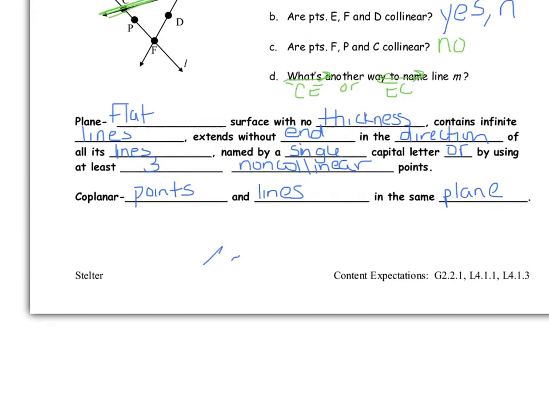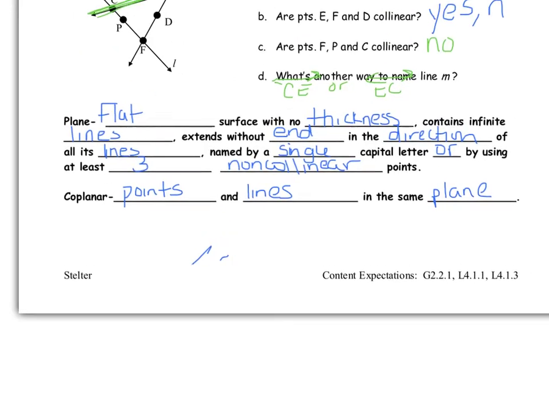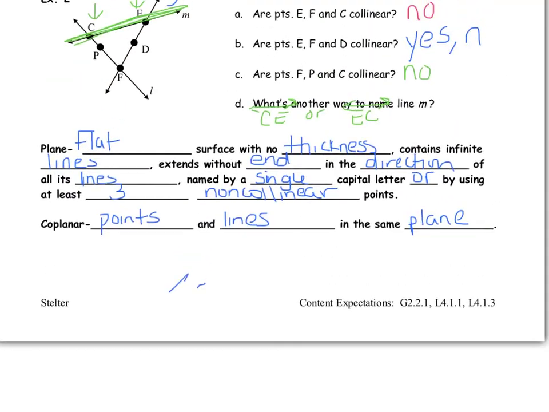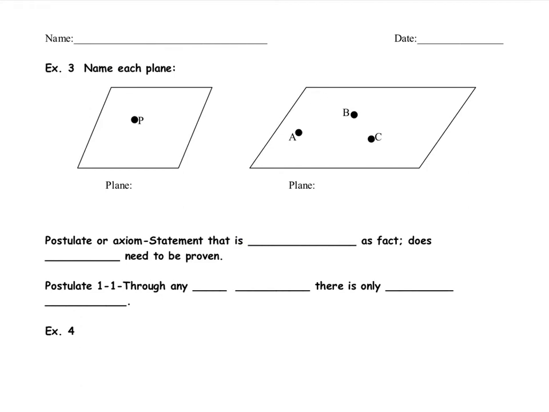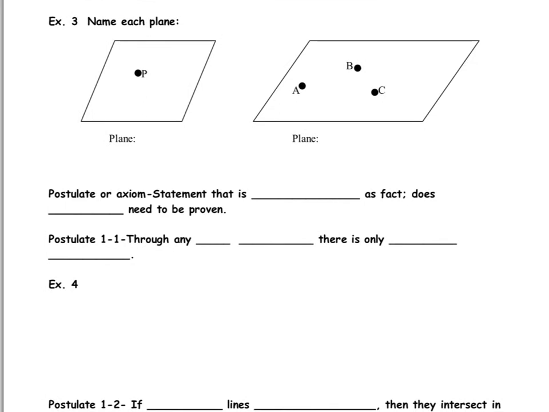Alright, so we have some examples. Name each plane. In this case, it's a point with a capital letter, so that would be plane P. In this case, it could be plane ABC, CAB, or BAC.